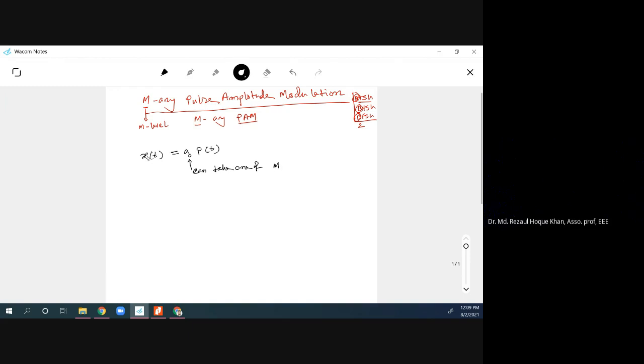Previously, a0 could take a maximum of two different levels. Now in M level or M array system, a0 can take one of M different levels. And p(t) is our pulse.